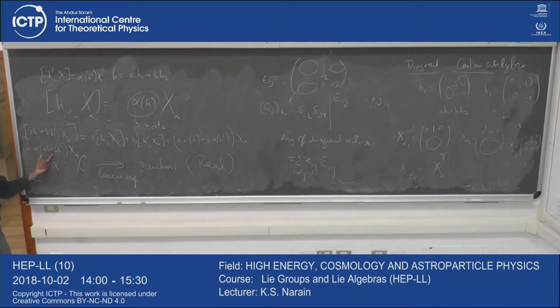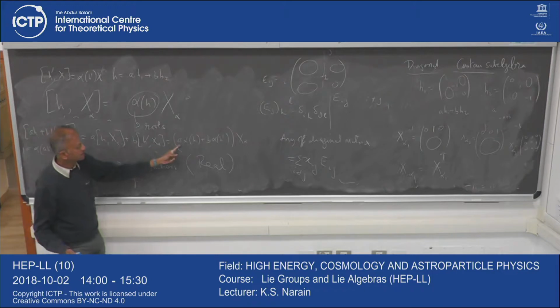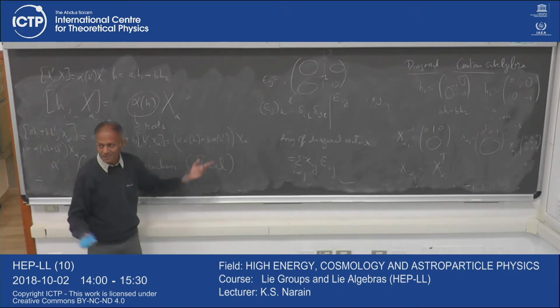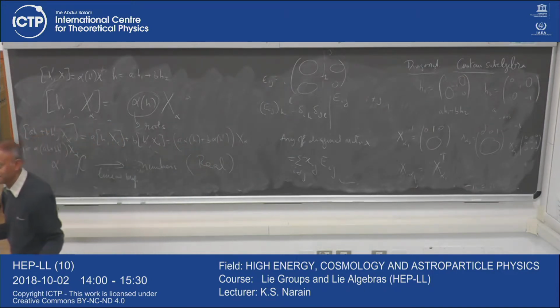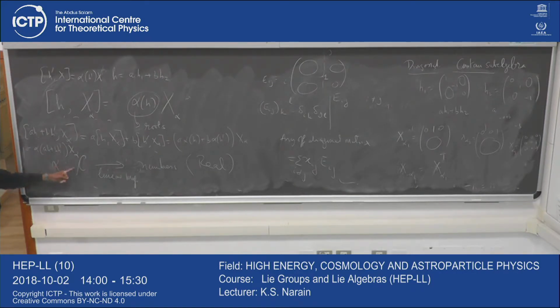Then this would be alpha of H double prime by this definition in general. So what we are saying is that alpha of this combination is actually just a sum of these two. This is exactly the definition of a linear map. Okay? So this alpha is a linear map from a vector space, C. C is the Cartan algebra. In this particular case, we are focusing on that.